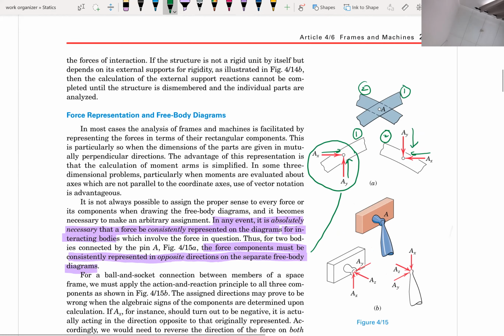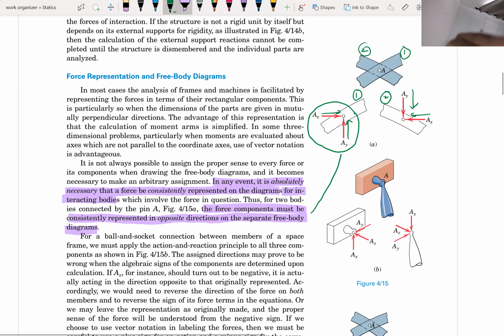Then, for a ball and socket connection, we have to apply the action and reaction principle. When it involves a ball and socket connection, we will have three different force directions.